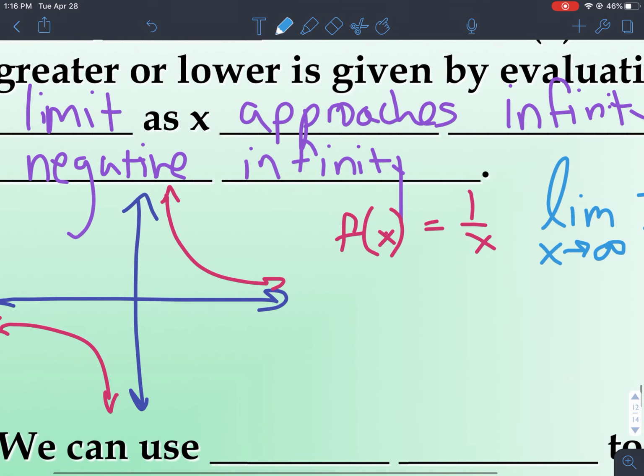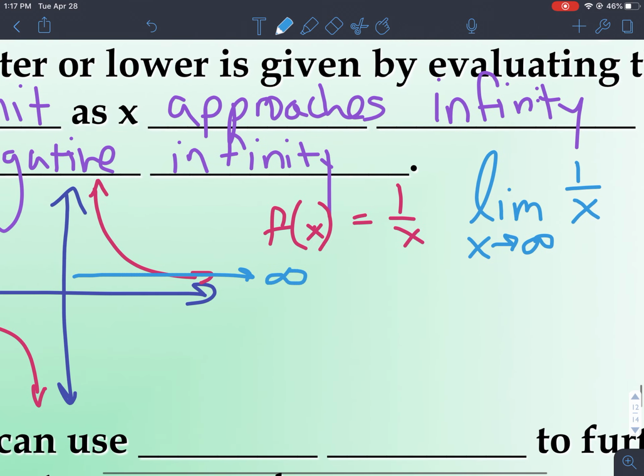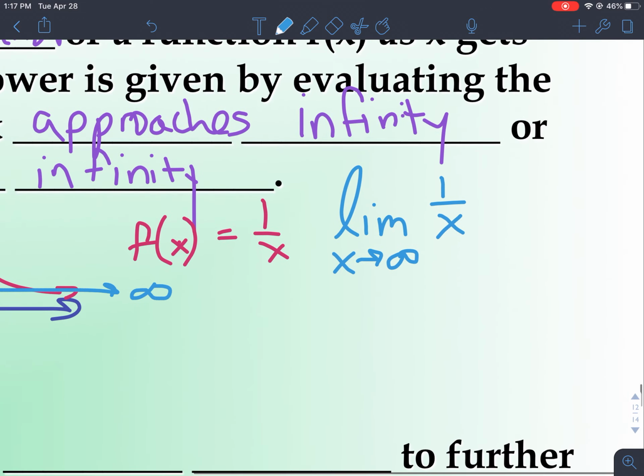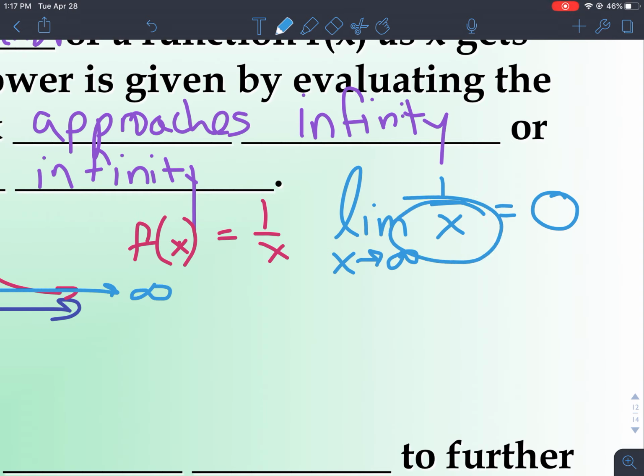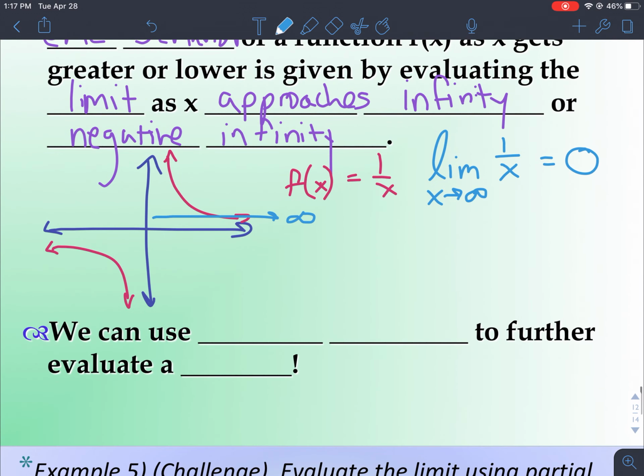Well, if x is going to be greater towards positive infinity, then the y value will get closer and closer to 0. The reason is, if you imagine a very large number for x, say 1 over 1 million, and you put that in the calculator, you're going to get a really small decimal, virtually 0. Now imagine that number getting bigger and bigger, and the limit is equal to 0.